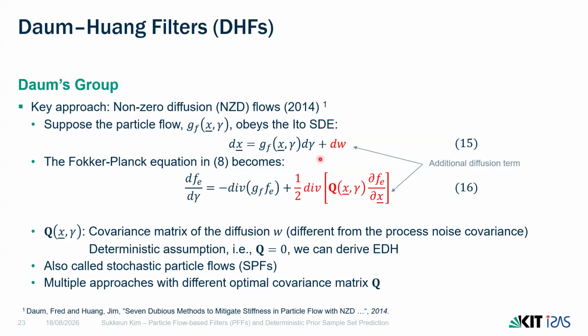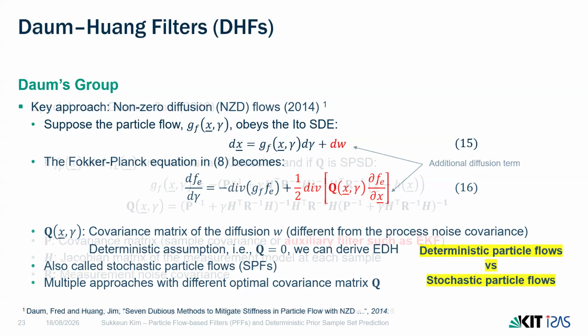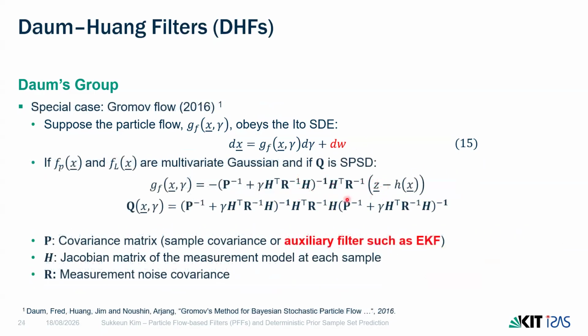But here we want to assume another stochastic term, diffusion. How we define this Q is the key of these non-zero diffusion flows, so it depends on how you define it. There are multiple approaches, but one of the key approaches is the Langevin flow. It can be simply written like this: you have the particle flow term here and the diffusion term here.